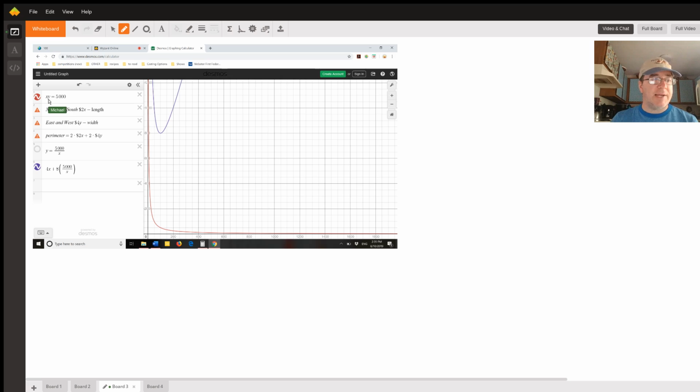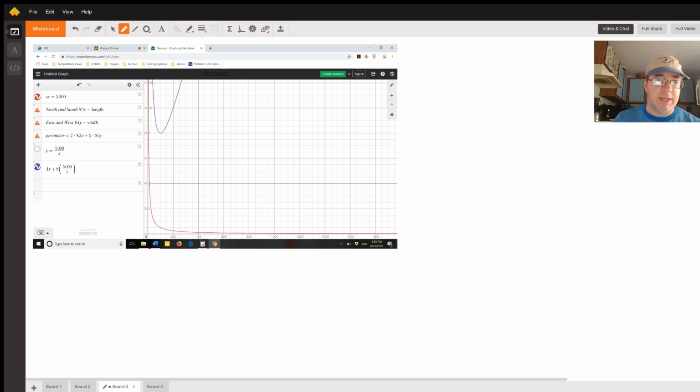Now, because I isolated the y, the width is equal to the area of 5,000 divided by the length. And I did this so I could take my perimeter formula, simplify, 2 times 2 is 4, and 2 times 4 is 8, and replace the width with 5,000 divided by the length.